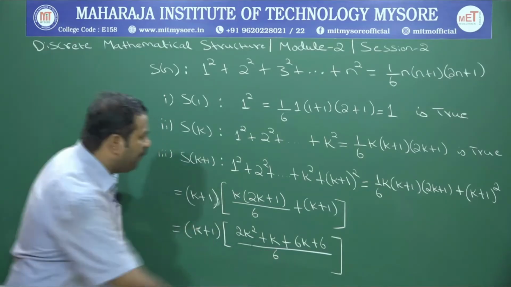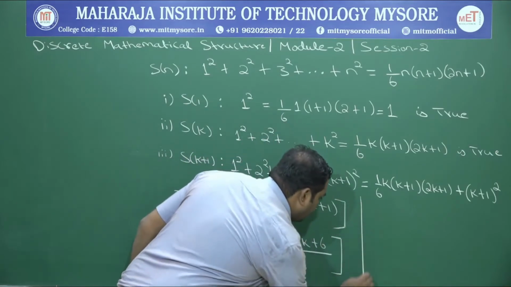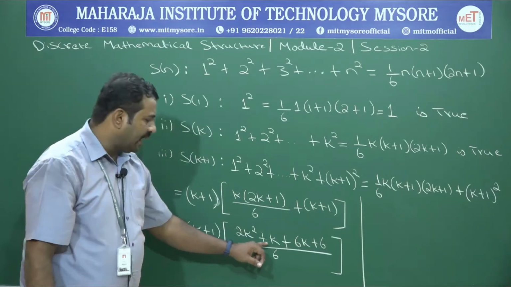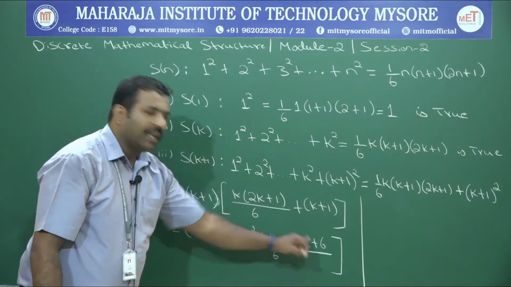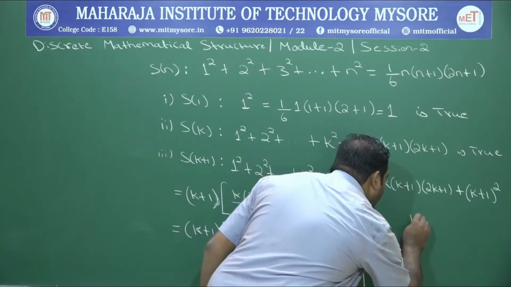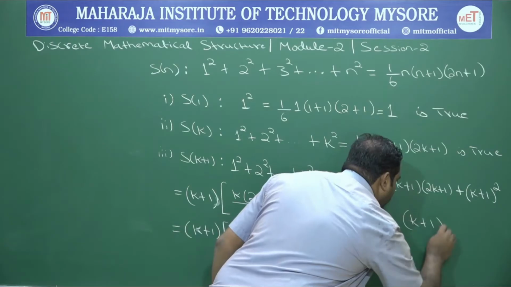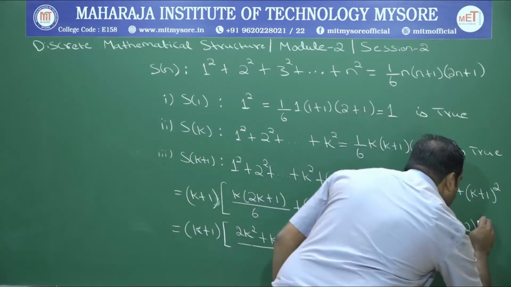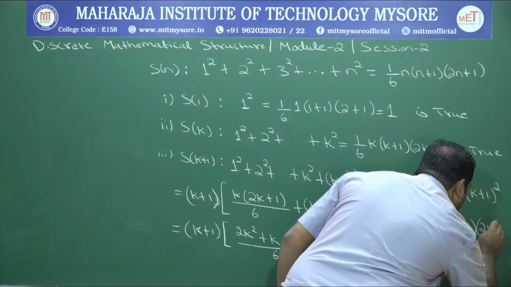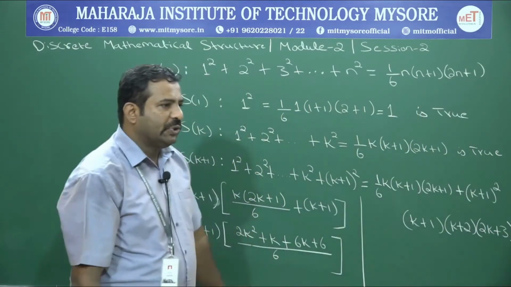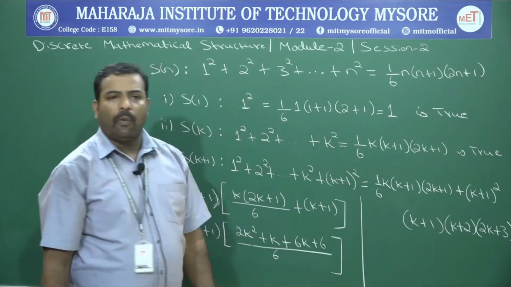And now let me simplify this. This 2k square plus k plus 6k plus 6 can be written as k plus 1 into k plus 2 into 2k plus 3. So this is the form I have written.